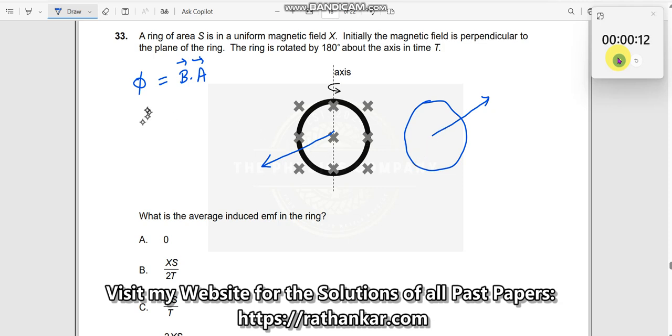So when I say delta phi, your value of B doesn't change, and I write this as A2 minus A1.